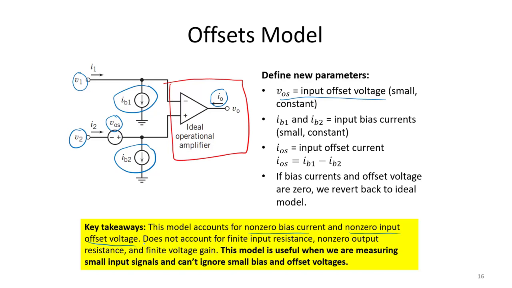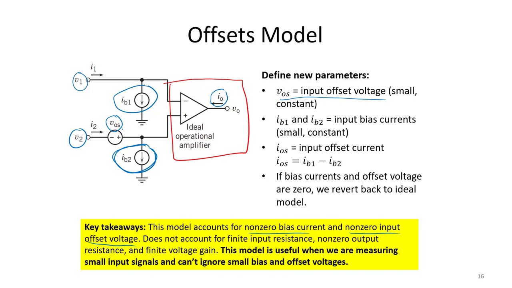So when we're unable to ignore the small currents and voltages that actually exist in our op-amp, we can use this offsets model. It allows us to account for non-zero input currents and an actual difference between our voltage V1 and V2.